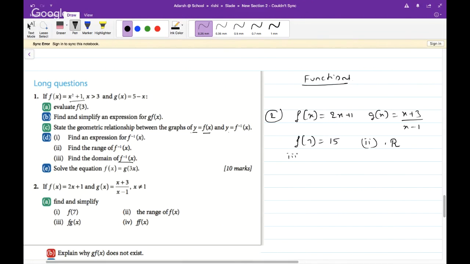Then third one, f of g of x. Write the innermost function in this way. So f of g of x is this entire thing. f of x is 2x plus 1, so in place of x we have to put this entire thing. So 2 into the entire thing.